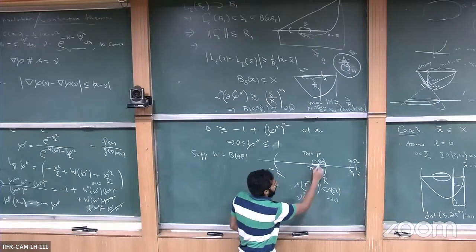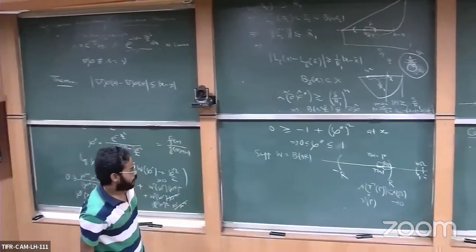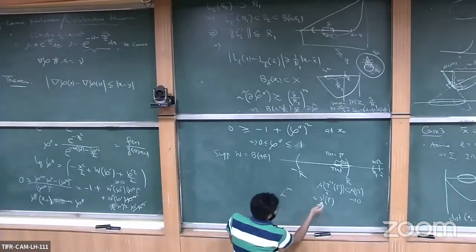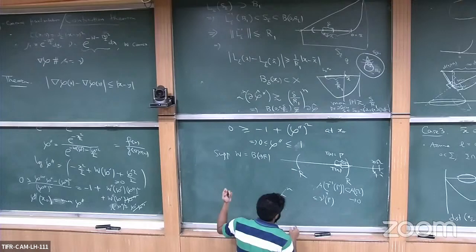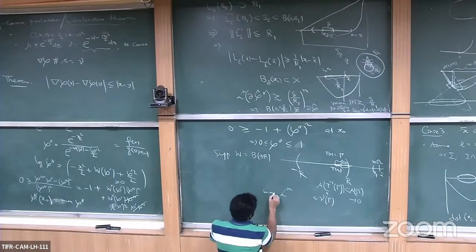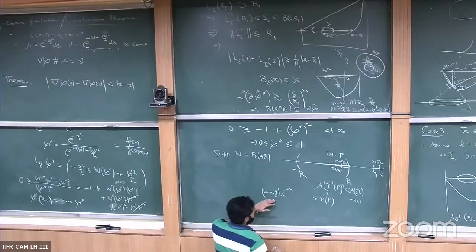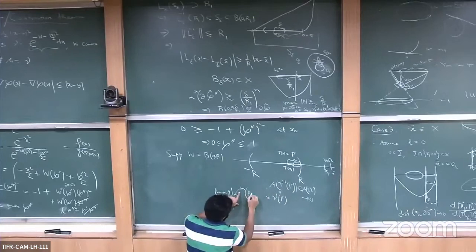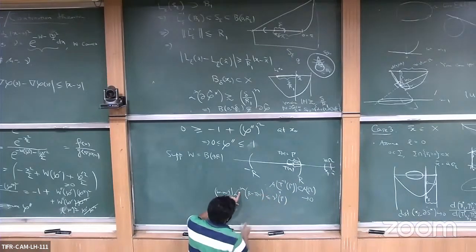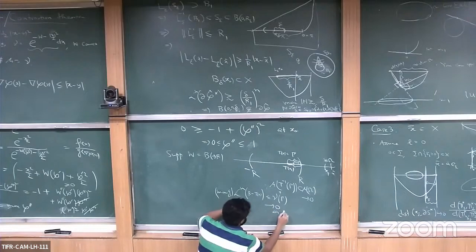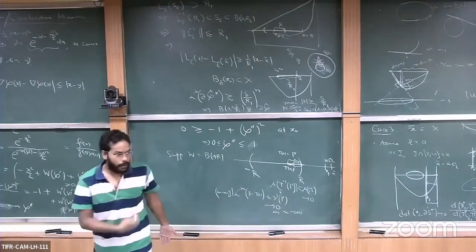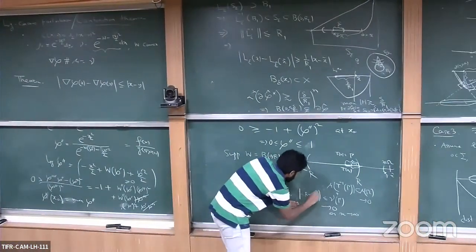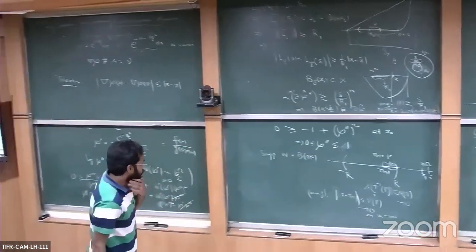So nu of this interval will go to 0. Since the density of nu is bounded from below, the measure of gamma will go to 0 as x goes to infinity, and therefore Tx will, in one dimension, which is precisely the modulus of r minus t, go to 0.